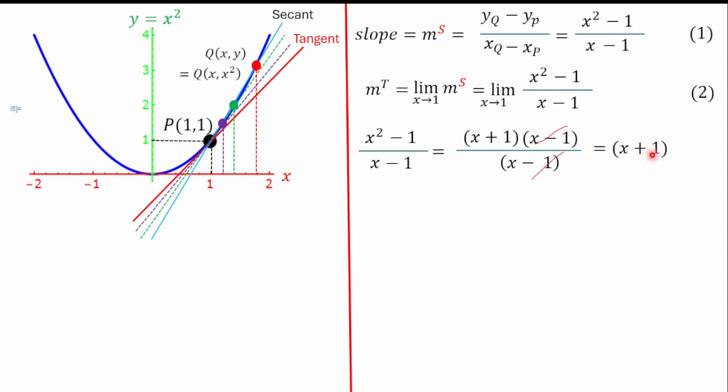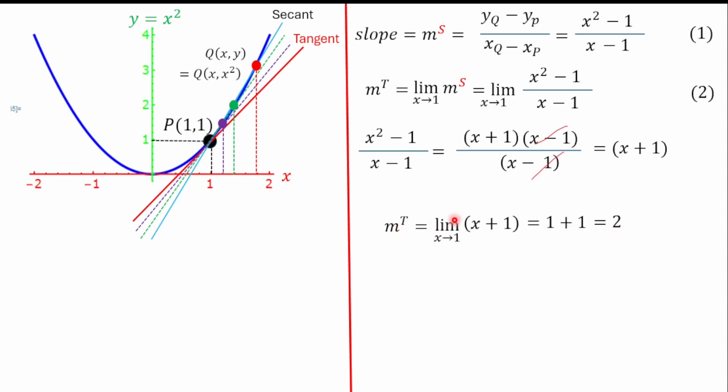If I substitute this value in equation 2, the slope of the tangent line becomes the limit of x tends to 1 of x plus 1. And if I substitute the value of the limit, I get 1 plus 1 equals 2. So that means the slope of the tangent line at point P equals 2.